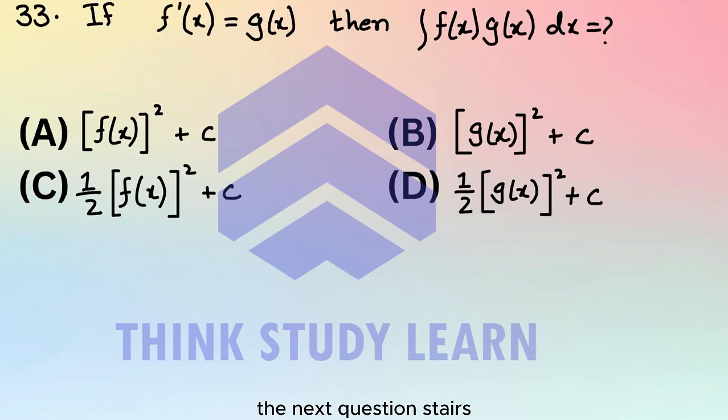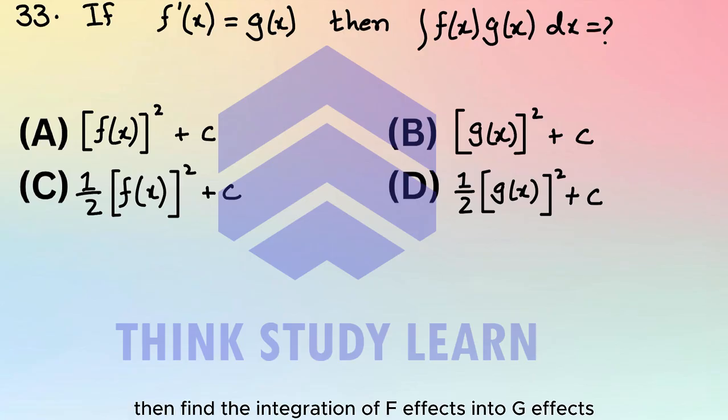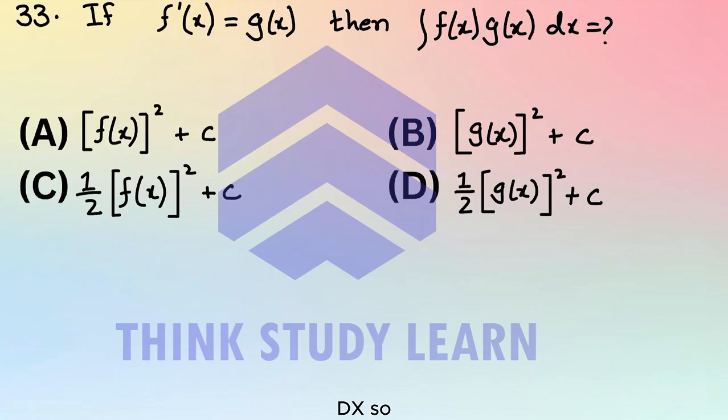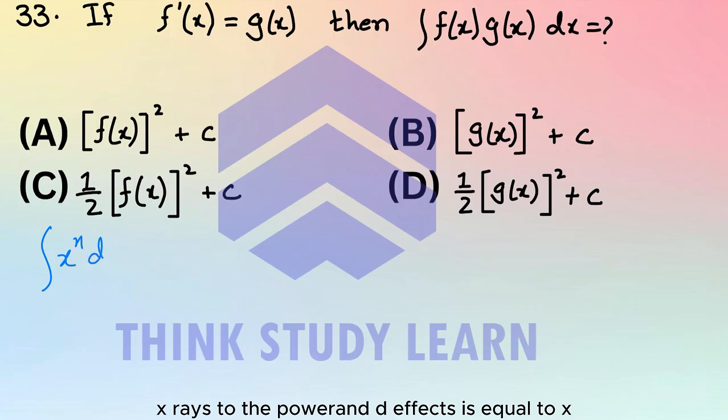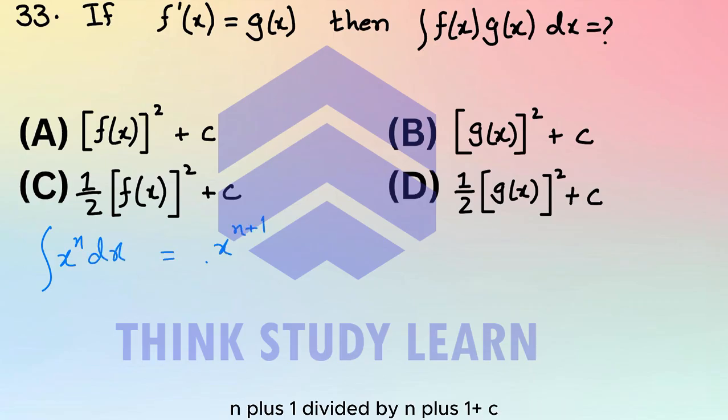The next question states if f'(x) is equal to g(x), then find the integration of f(x)·g(x) dx. So we have a formula of integration of any function which states ∫xⁿ dx = xⁿ⁺¹/(n + 1) + c.